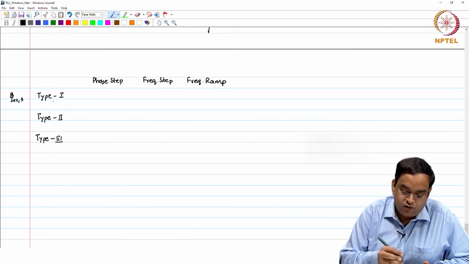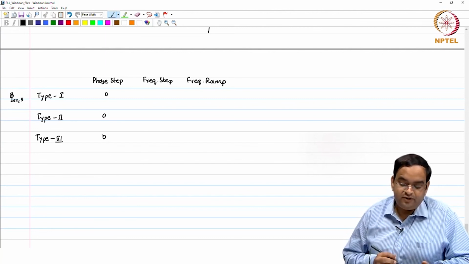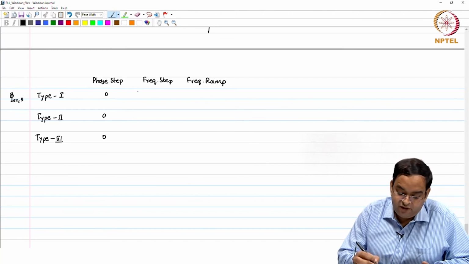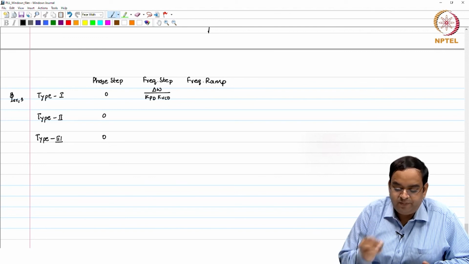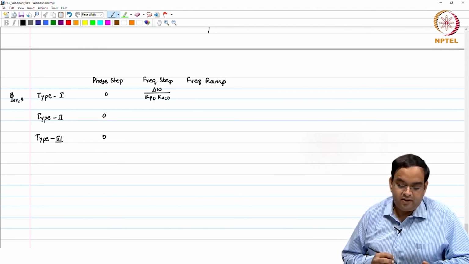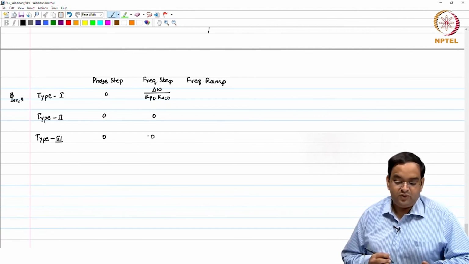Okay. So, when you have phase step, type 1, type 2, type 3 PLL, all will give 0. When you have frequency step, type 1 will give you delta omega by KPD times KVCO. Okay. Type 2 PLL will give you 0, type 3 will also give you 0.